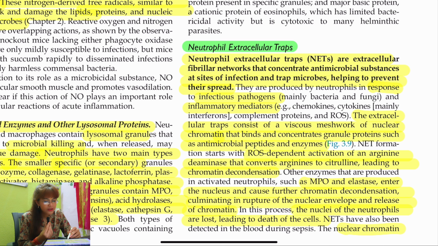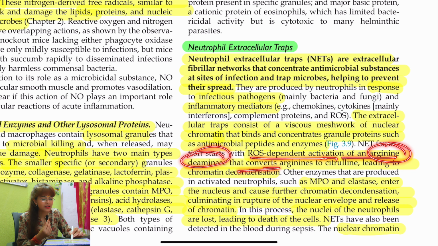So the extracellular traps consist of a viscous meshwork of nuclear chromatin that binds and concentrates the granule proteins such as the antimicrobial peptides and the enzymes. There is ROS-dependent activation of an arginine deiminase that converts arginine to citrulline, leading to chromatin decondensation. So this is basically how it happens.